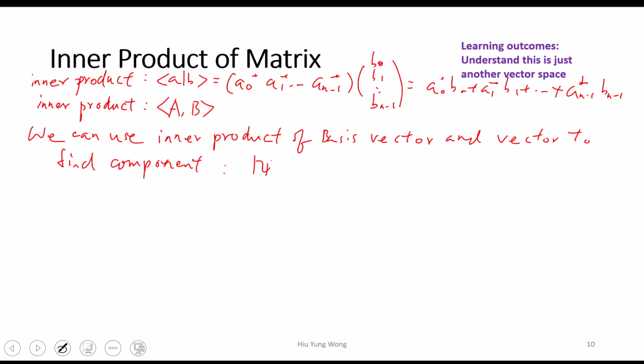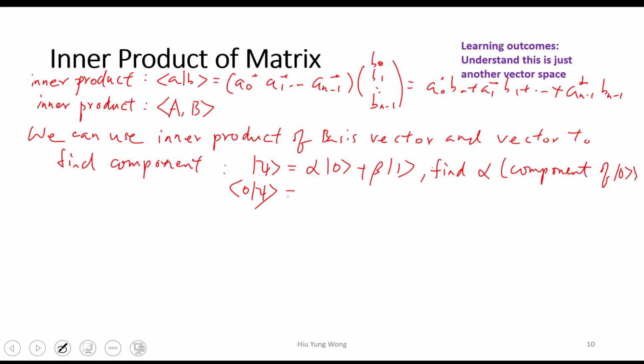For example, when psi equals alpha 0 plus beta 1, I want to find the component of 0. To find alpha, the component of 0, I use the inner product: 0 inner product with psi. And then what do I get? Alpha plus beta times the inner product of 0 and 1. Make sense? Everyone okay? By the distribution law, what do I get? Alpha. That's what we did.